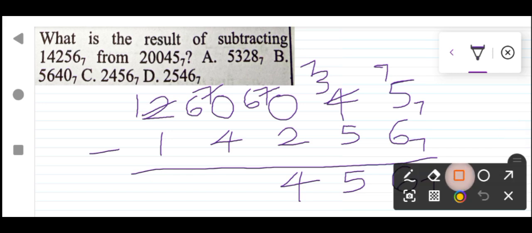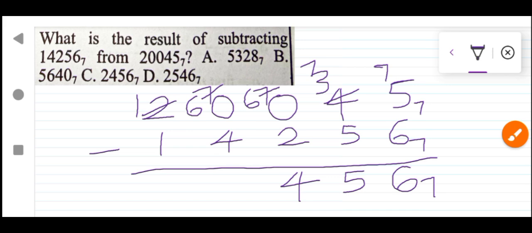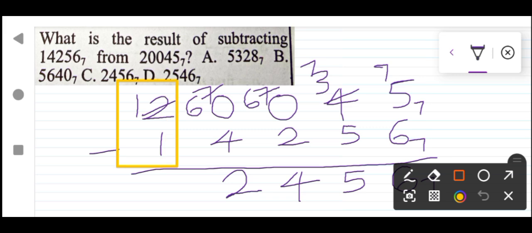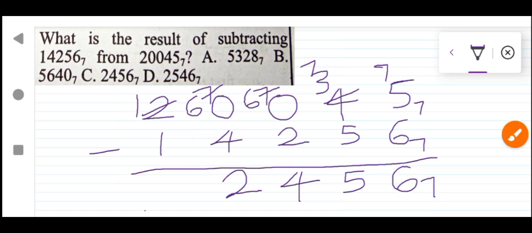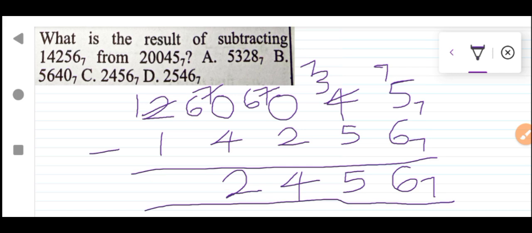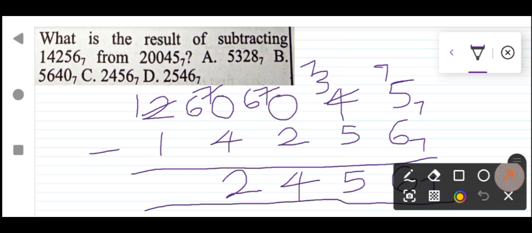And next we have this 6 minus 4, which is 2, right? So we have 2. And the last part, we have 1 minus 1, which is 0. So we can decide to leave it just this way. And the result here is 2456 base 7. And 2456 base 7 corresponds to option C.